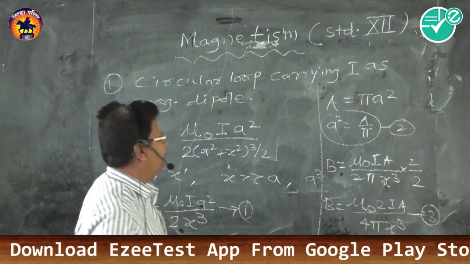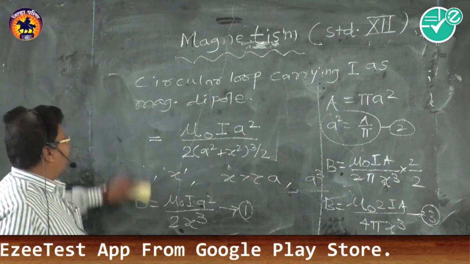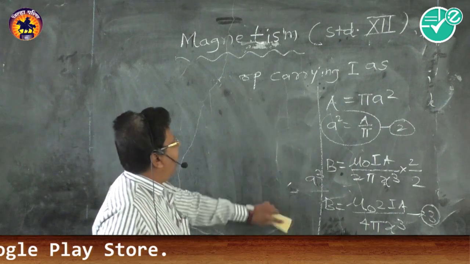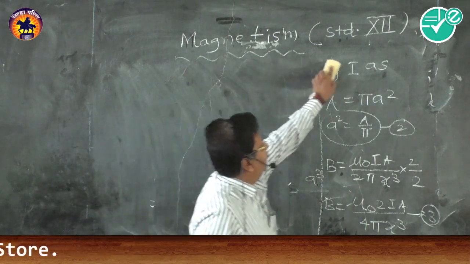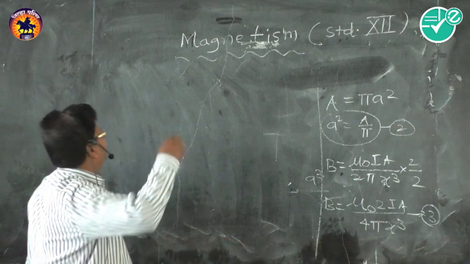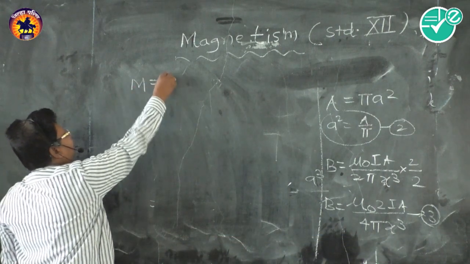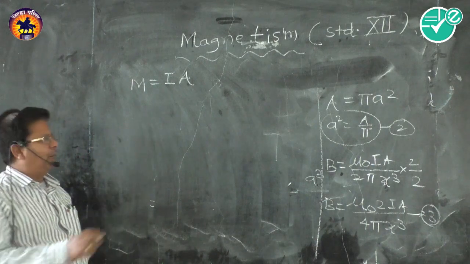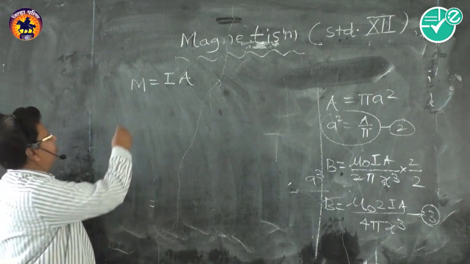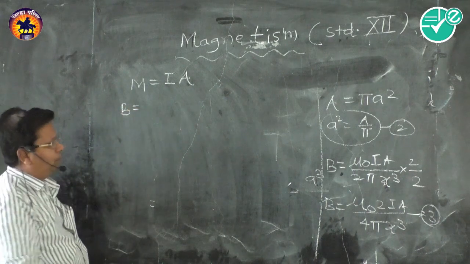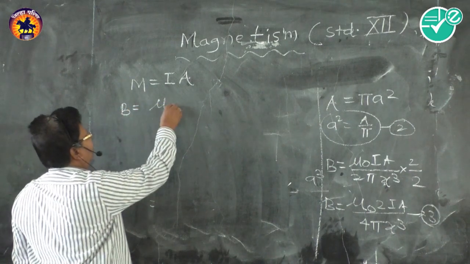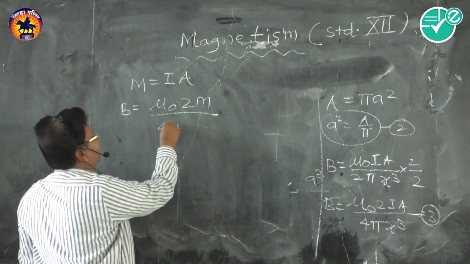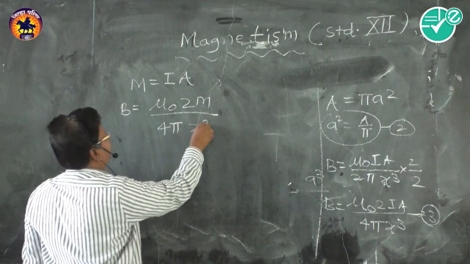In equation number 3, we know that the product of I into A is called the magnetic dipole moment. So M is equal to IA. So equation number 3 becomes B is equal to mu 0 into 2 M divided by 4 pi X cube.